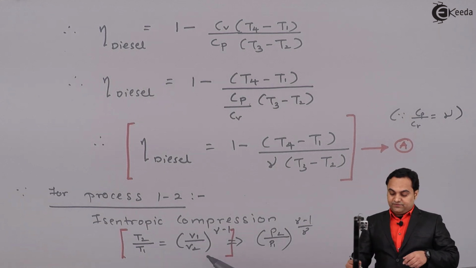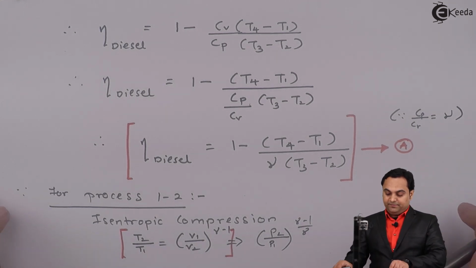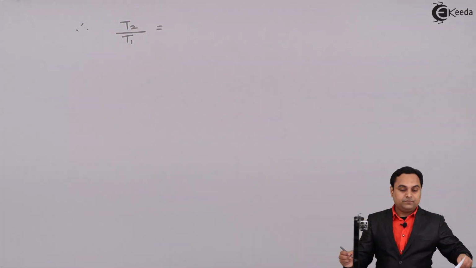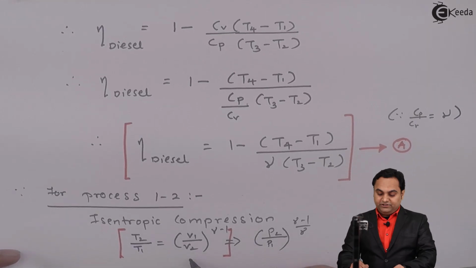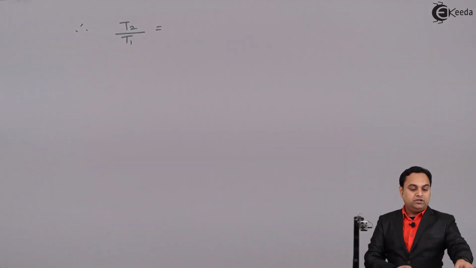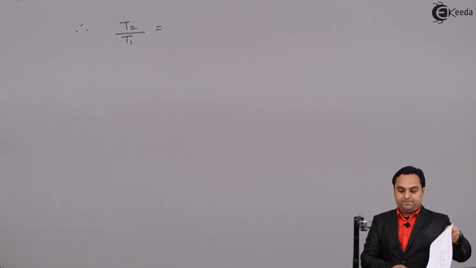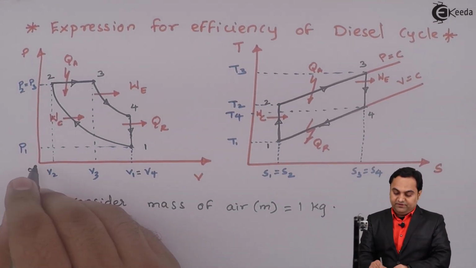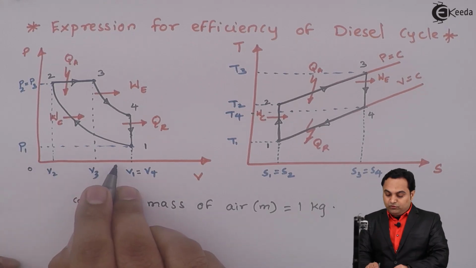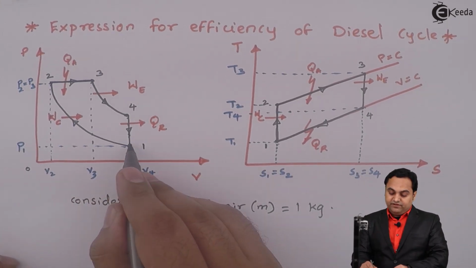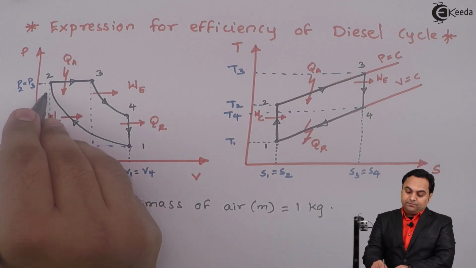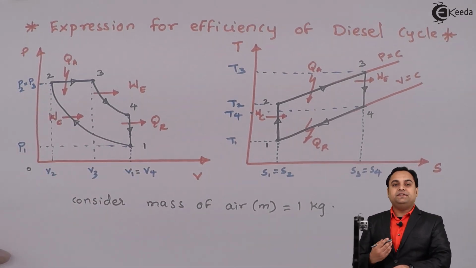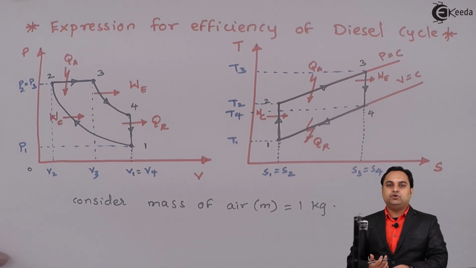Then as we can see here, T2 by T1 I'll keep as it is. Now V1 is called as the volume before compression, that is if I see it on the PV diagram, this volume before compression process is V1, and volume after compression is V2. So V1 upon V2 is called as compression ratio.